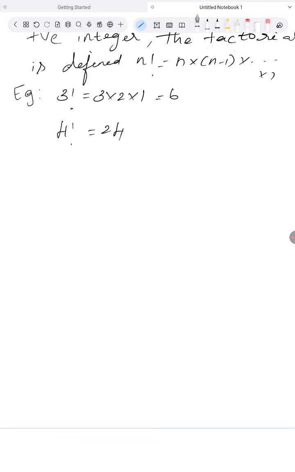So these formulas we will be knowing. A natural question arises, right? Can we define a factorial?